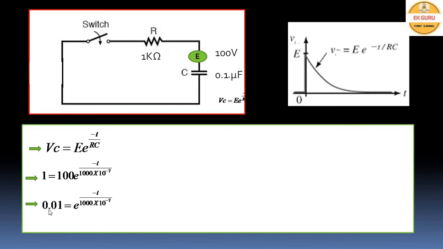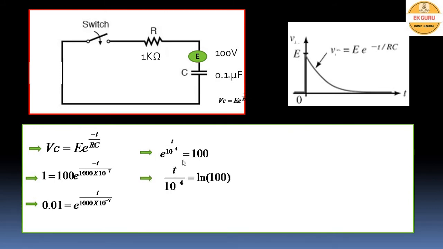100 comes to this side, so 0.01 is equal to e power minus T by RC. Taking the inverse, 1 by e power minus T by RC is equal to e power T by RC, and 1 by 0.01 is equal to 100.